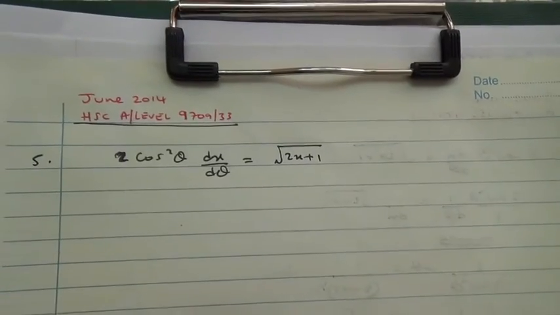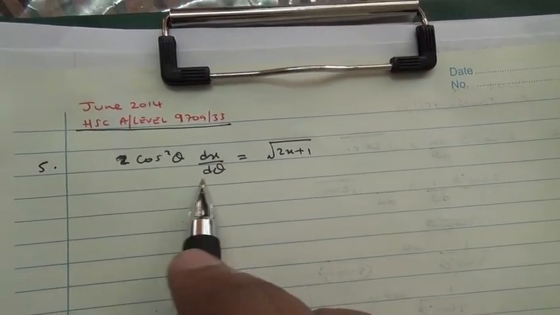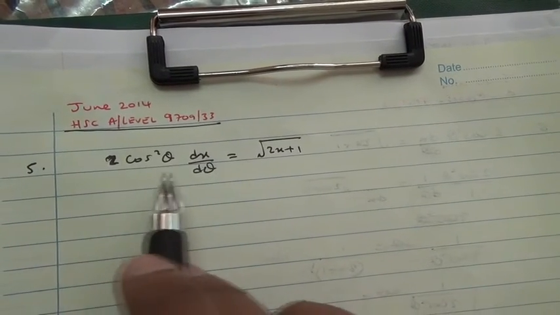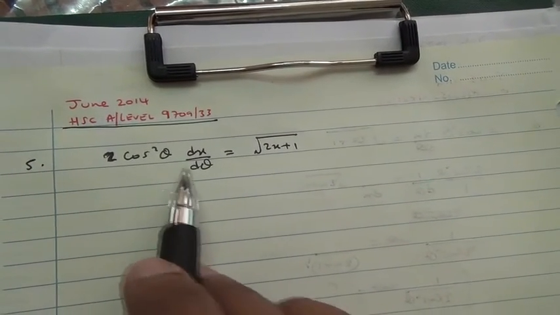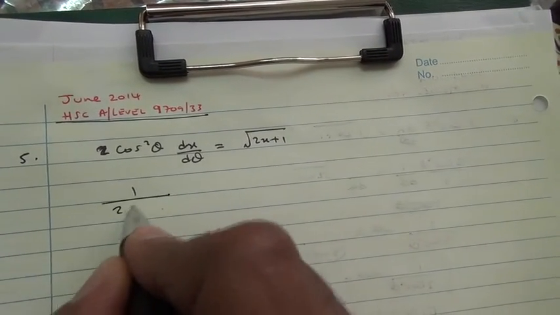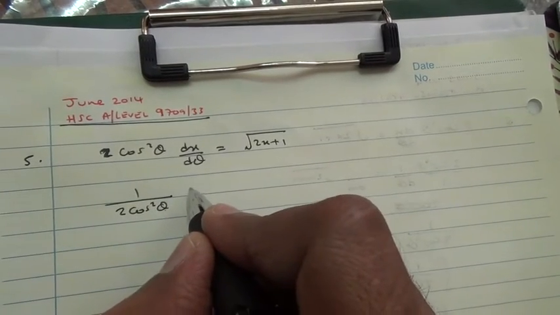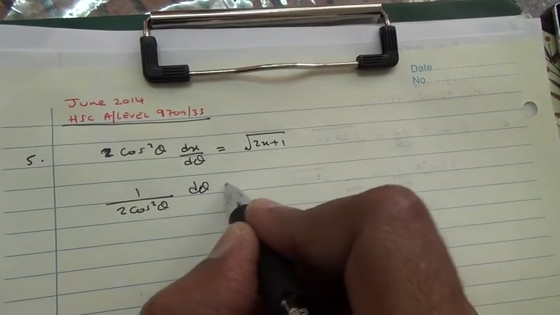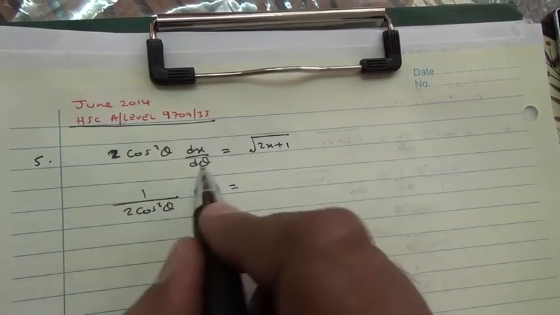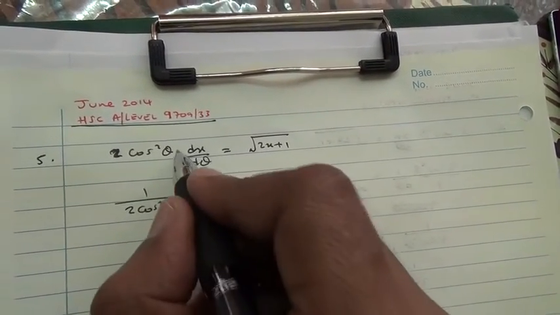Okay, here is the equation. Right, so we're going to separate the variables, but before we do that we have to observe certain things here. This is theta, and theta is down here, so what we can do is say 1 over 2 cos squared theta d theta is equal to, this one goes down, this one goes up, and dx is multiplied.